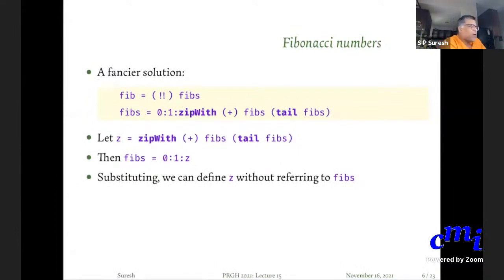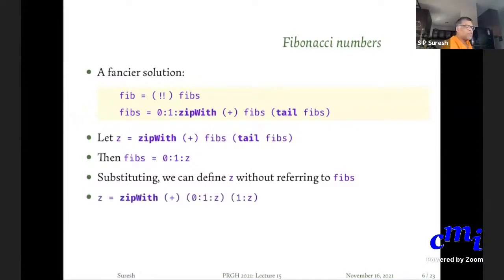Substitute. So now z was defined to be this whole thing. The definition of z depends on fibs. The definition of fibs depends on z. But actually, you can substitute this value for z so that the definition of z does not refer to fibs.